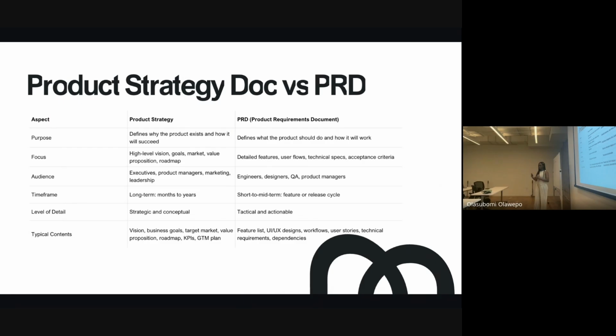Time frame, as we can see, one is long-term, one is short-term. Your strategy document should be more strategic. It should be more, where do I see this going in 5 years? So for any deck I pitch, I always want to have a 5-year mindset. And I'm very metric focused, so I'm not saying we're going to be a great app in 5 years.